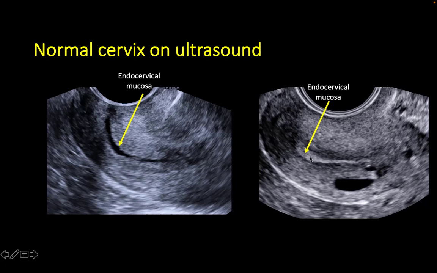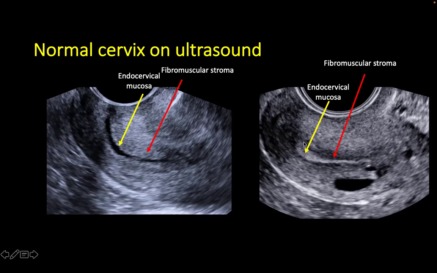Now, outer to this endocervical mucosa, you can appreciate a hypoechoic band. This hypoechoic band that you see outer to the echogenic endocervical mucosa is the fibromuscular stroma. If you recapitulate uterine anatomy, it is quite similar to how we see the junctional zone in the uterus as a hypoechoic layer outside the endometrium.